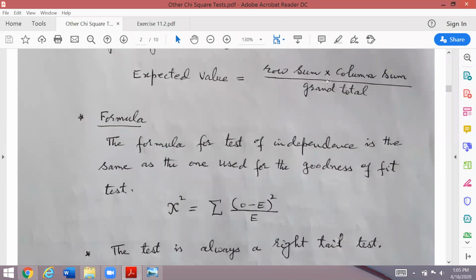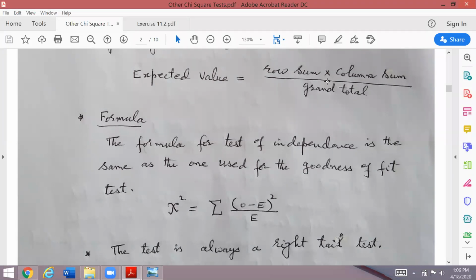And the good luck is that the same formula which you had been using in your goodness of fit test will be used again in the test of independence. The formula is chi square equals sigma of O minus E whole square divided by E. Remember, E is in the denominator.